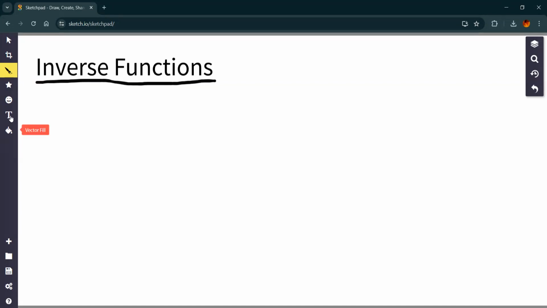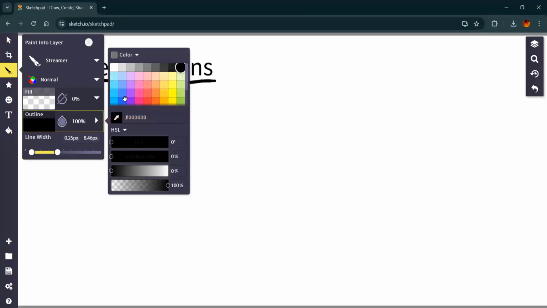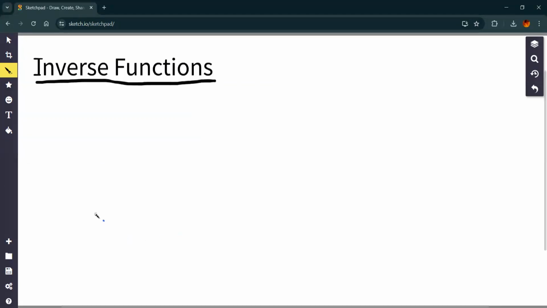So what are these? Inverse functions, in simpler words, are pretty much the reverse of each other. Their domains and ranges are switched. Let's look at an example.